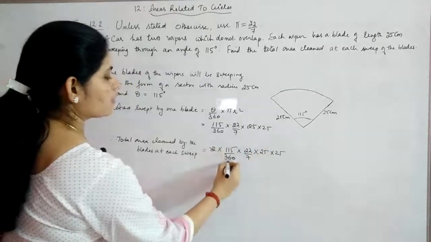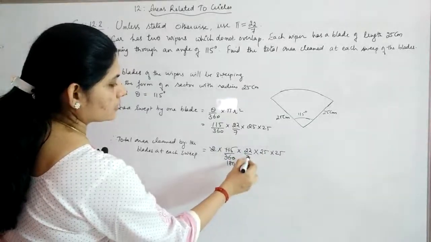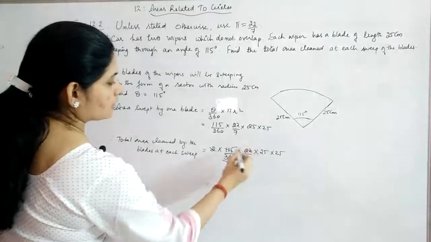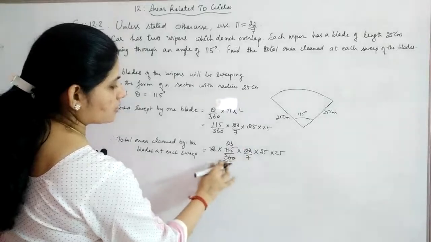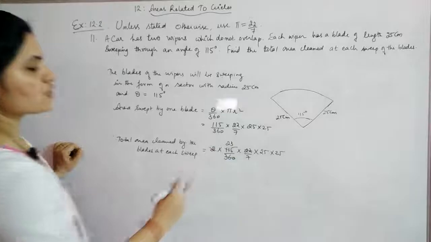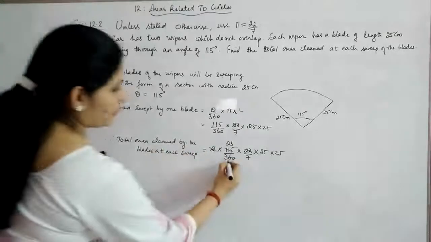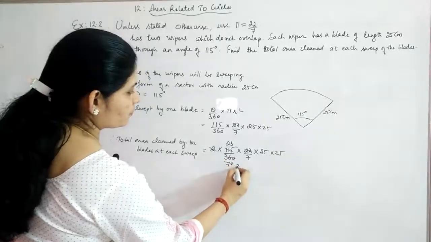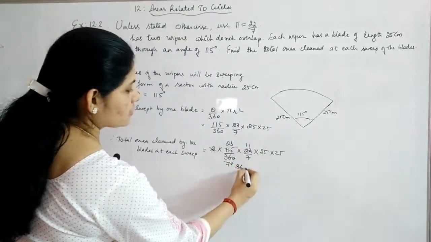Now just simplify and reduce these things. You will get this to be 23. I'll just cut it with 5 so that you will get here 23, and the denominator 360 will have 72. Then this will give you 36 here. This is 11 and this will give you 18.